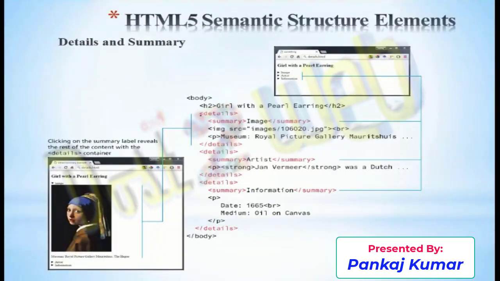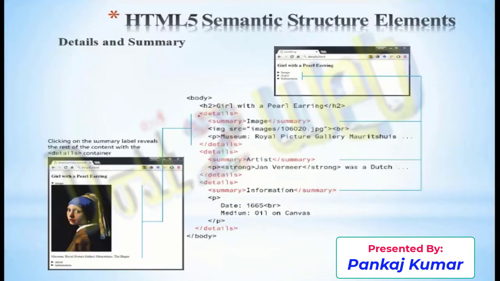Like you can see here, just the body tag. I'm using a heading 2 tag, that is the heading title. Then details, in details I'm going to write summary, the image. Whenever you write the summary, that means there will be some brief information. The moment you click on the summary, it will show the image, it will show some information.